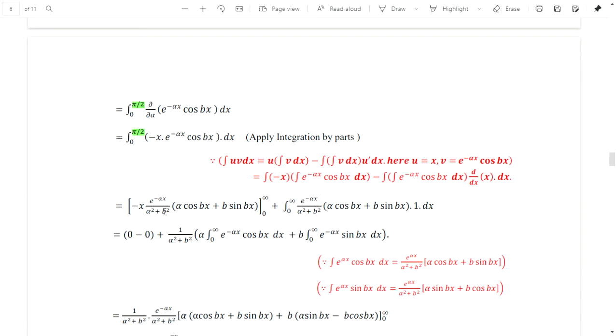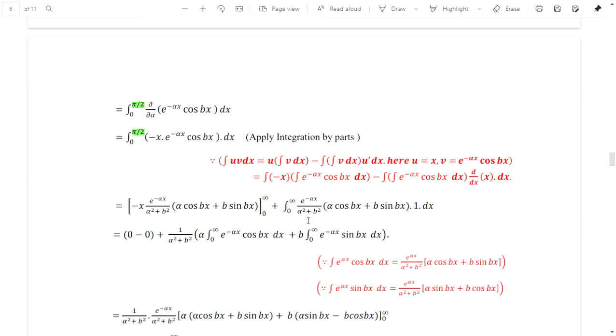The upper limit is infinity, so e to the power minus infinity is 0, so 0 into this complete thing becomes 0. Minus the lower limit is 0, and here we have x; in place of x, if I substitute 0, 0 into anything becomes 0. So this complete value becomes 0.